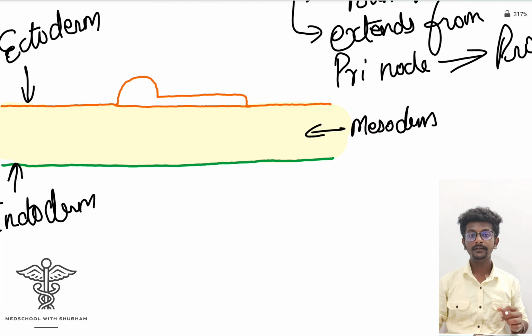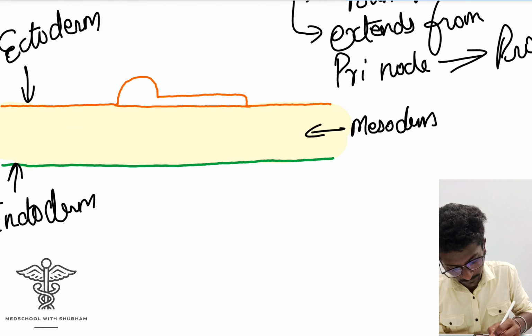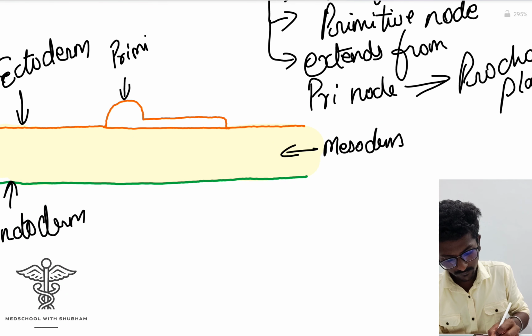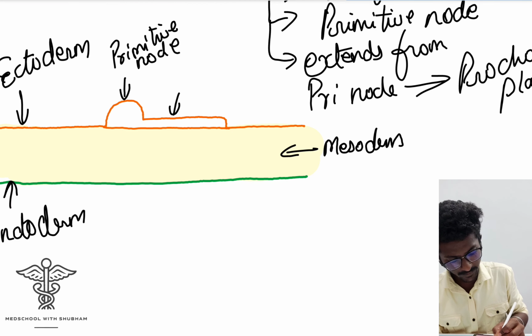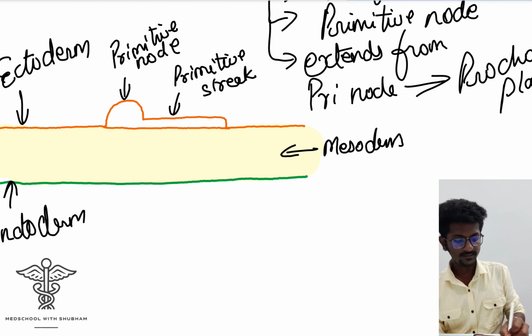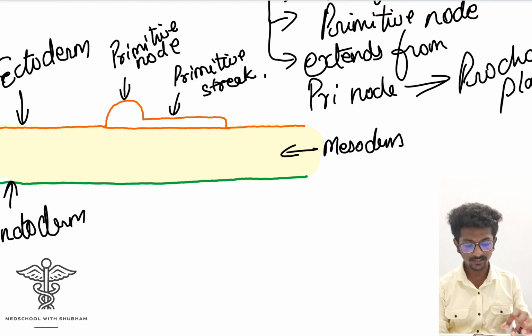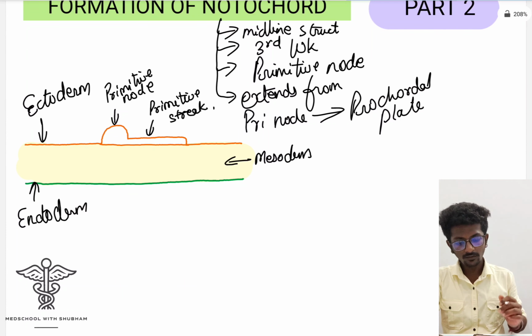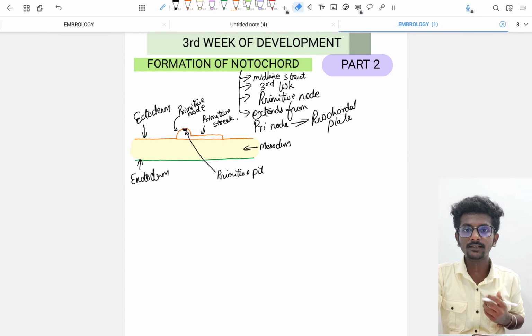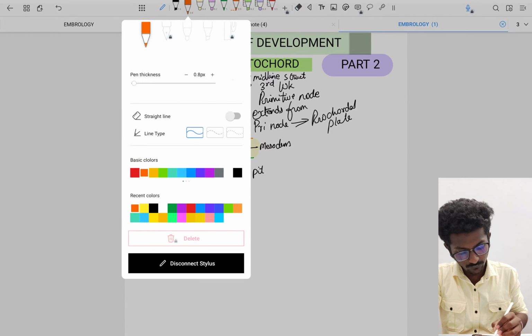This is the primitive node, and this is the primitive streak. Okay, now let's move forward, guys. I hope this is very clear till this point.